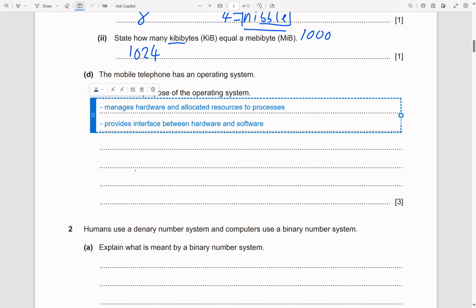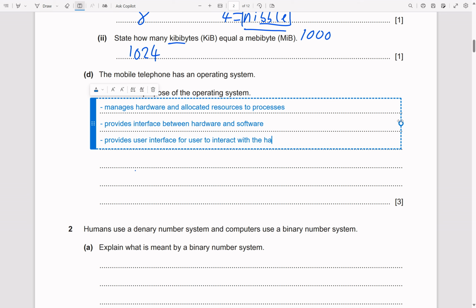So we could combine that as one point, but let's make it separate. So let's go: provides user interface, for user to interact with the system, sort of hardware / system.